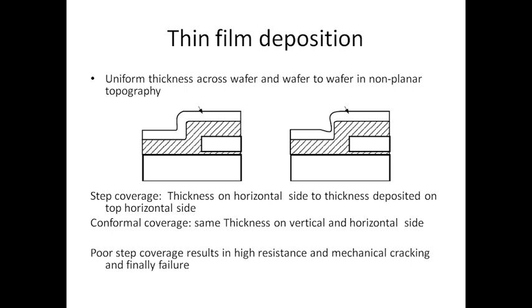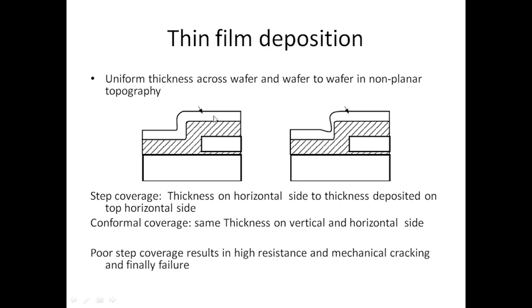And of course, coming to thin film deposition again, we cannot expect all the surface to be planar, so you may end up with a non-planar topography. As you can see here, in one case this is a non-planar topography, in which we have the top horizontal structure, and we also have a vertical surface.